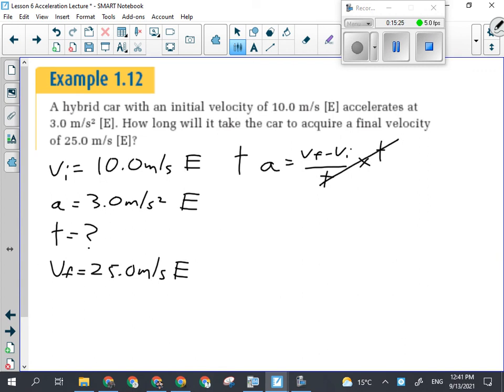So time comes over here, and then I have to get rid of A, so I'm going to divide both sides by A, and A ends up over here. So my final formula is T equals VF minus VI over A. Now all I have to do is plug in my numbers and solve. My final velocity was 25, my initial velocity was 10, and that's over 3. 15 over 3.